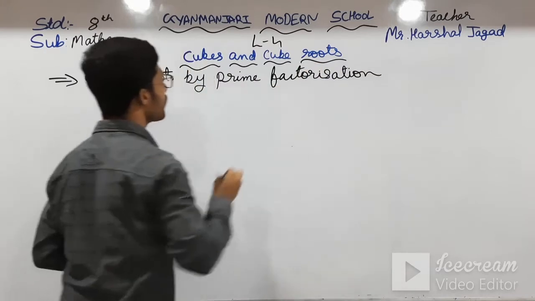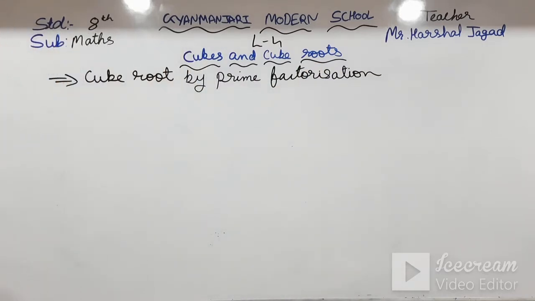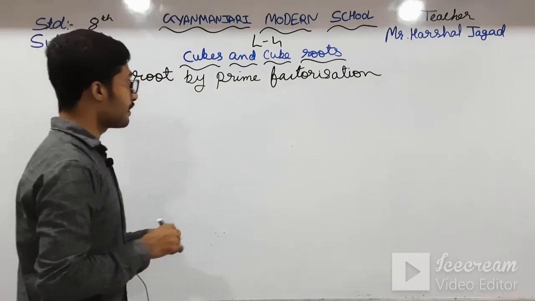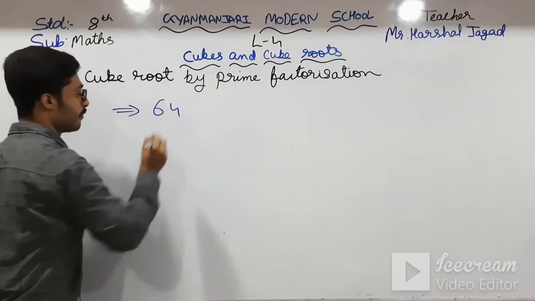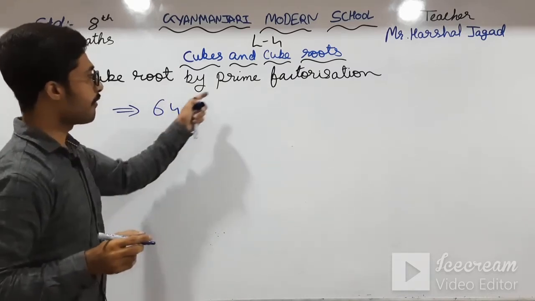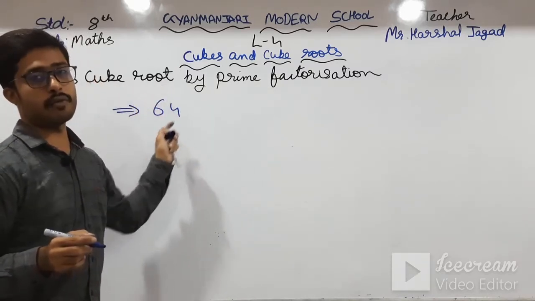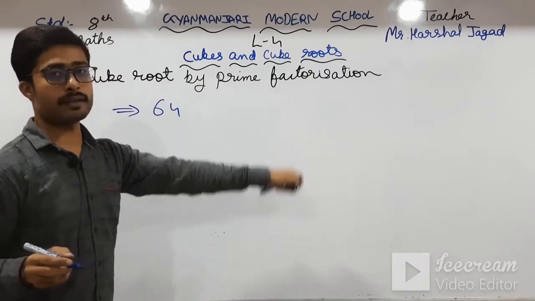So how can we find the cube root by prime factorization? In your book there is an example, that is 64. So how can we find the cube root of 64 by the prime factorization method?